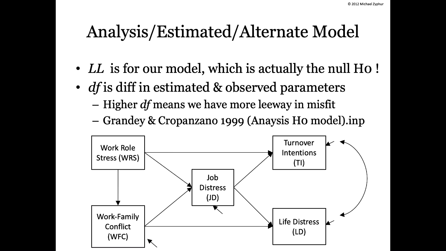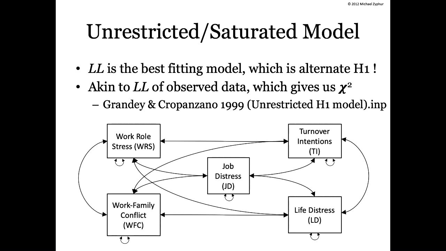How many paths do you see here? All possible covariances. 1, 2, 3, 4, 5, 6, 7, 8, 9, 10. So which is the null? Which has fewer things being estimated? Just like the null hypothesis for your slope is 0 versus your freely estimated lovely alternative that you want. You want it to be non-zero, so you can publish it.